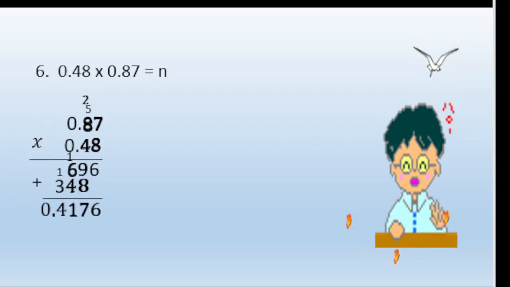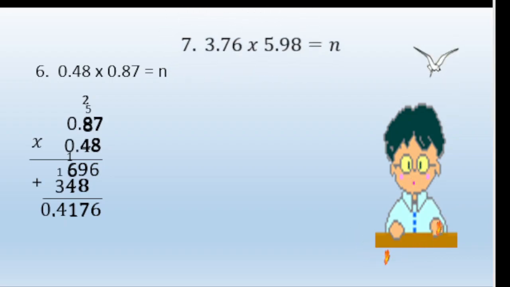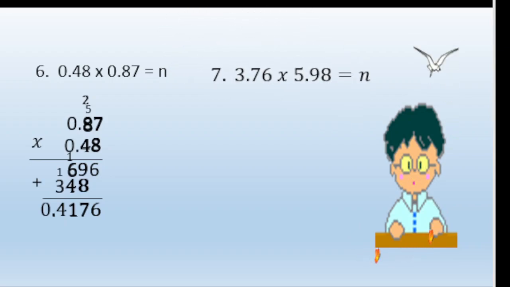76 ten thousandths. And the last is 3 and 76 hundredths multiplied by 5 and 98 hundredths equals, okay, 6 times 8 is 48, carry 4.